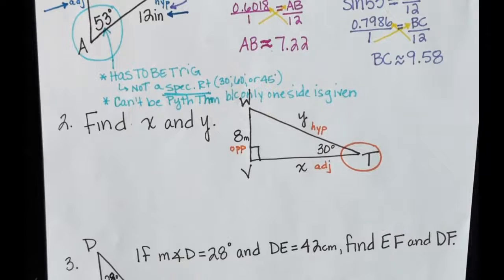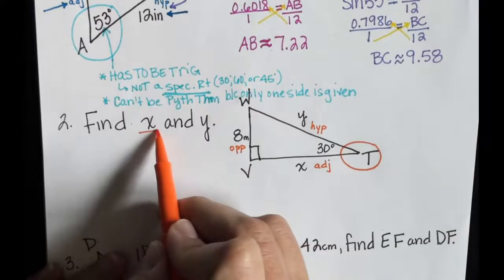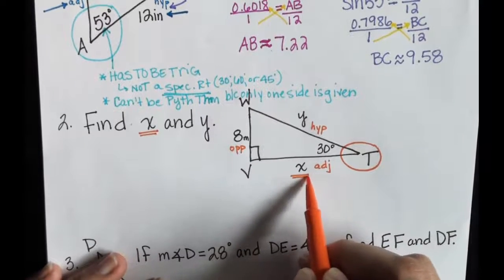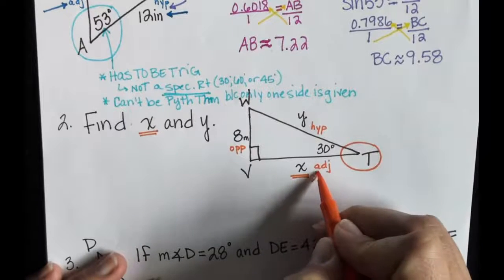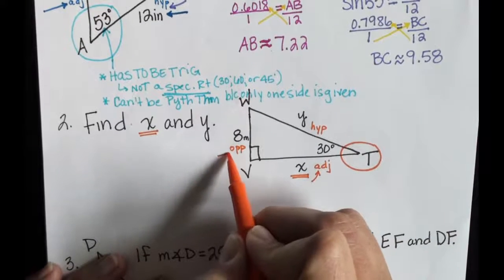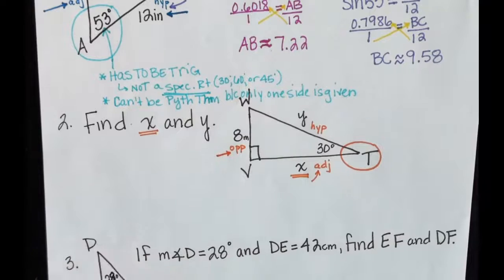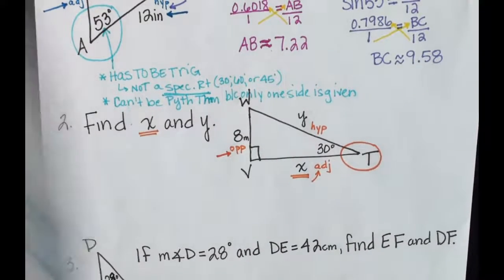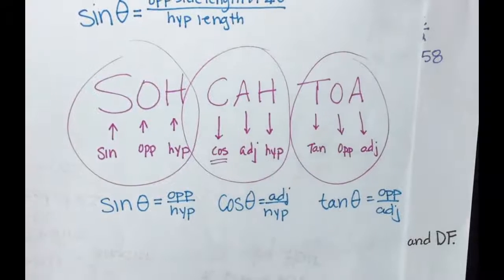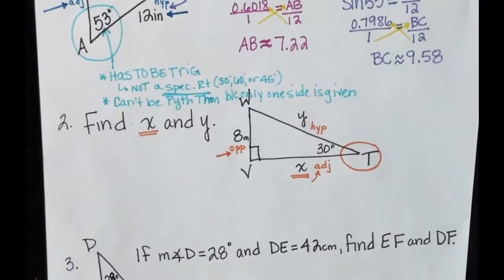And again, if I'm trying to find x, I want to look that x is adjacent, and the only number they give me is opposite. So out of all three of these, which one has opposite and adjacent? I'm going to give a second for a good guess.